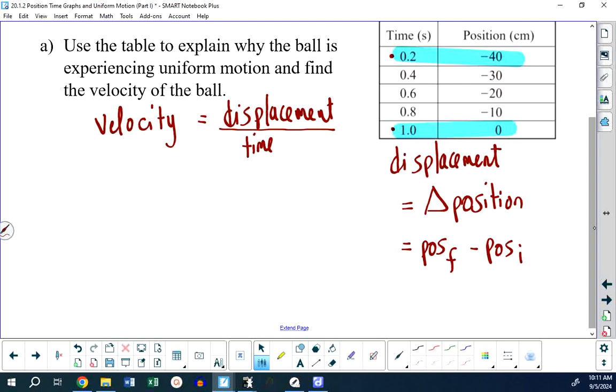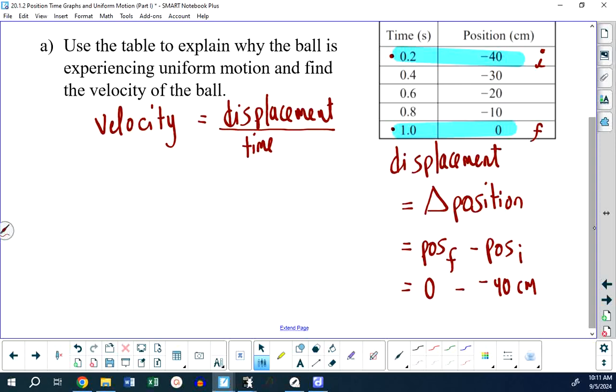So I hope it's clear. This is the initial, and this is the final. Right? This happens later, so it's final. So the displacement will be 0 minus negative 40 if we want to work in centimeters. And I might as well get this out of the way.